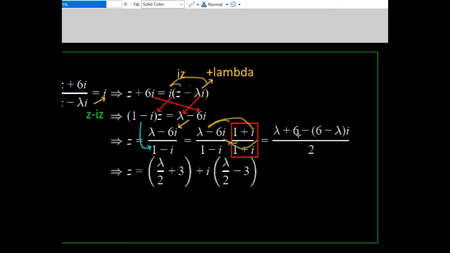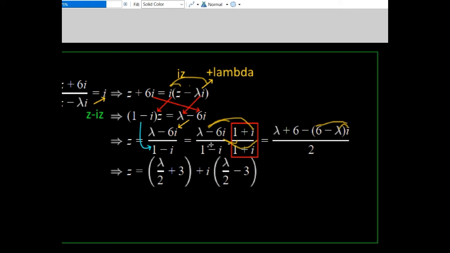Once you do all of that, you can factorize the imaginary part out, and you are left with what used to be minus 6I minus lambda I from this multiplication, which is simply now going to be 6 minus lambda multiplied by, because I factorized it out, the lambda plus 6 I'm going to keep together so that that is the real part, and it's all been divided by 2.